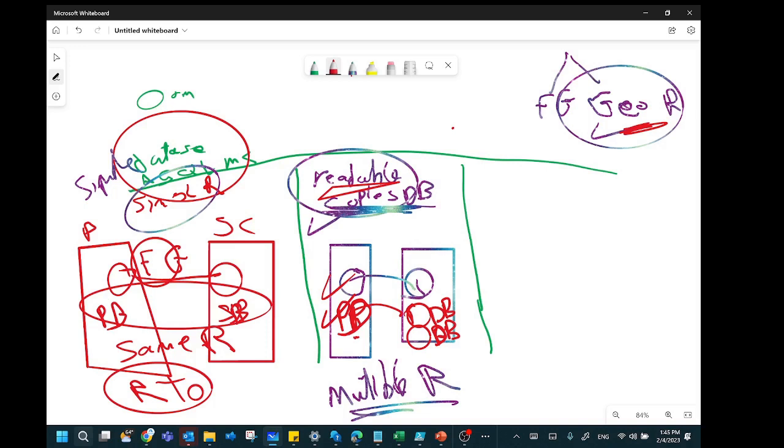Therefore, if you need multiple readable copies of the database, you should choose geo replication for high availability.